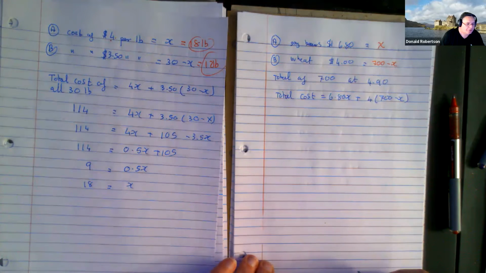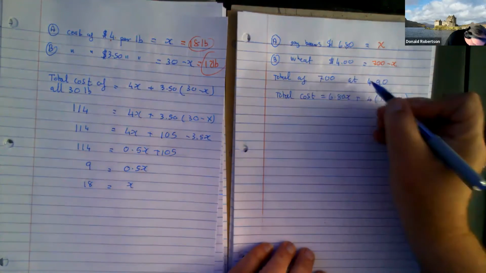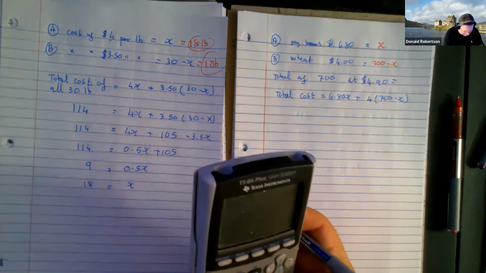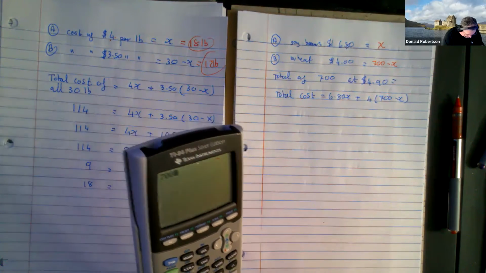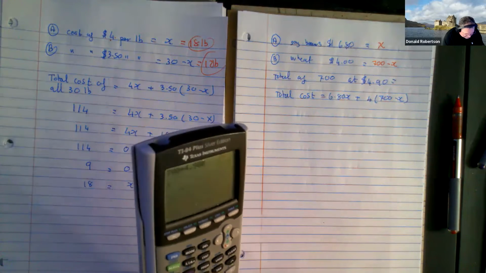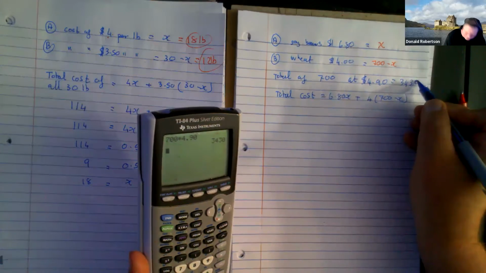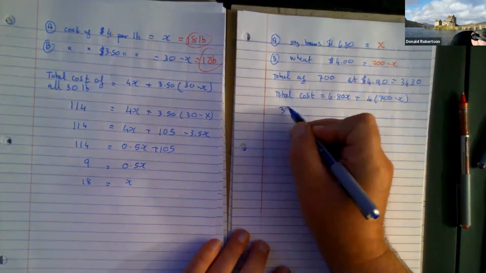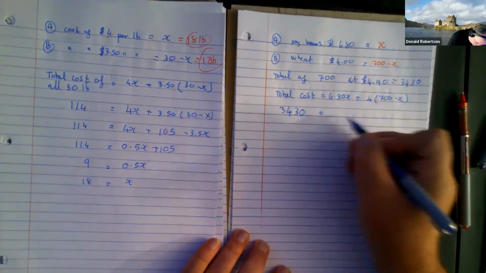Now, what do I know about the total cost? Well, 700 costing me $4.90. If I just do that on my calculator, the total cost of 700 averaging $4.90 is a huge number, 3,430, right? Over $3,000. I now have my equation. 3,430 is this guy plus this guy.